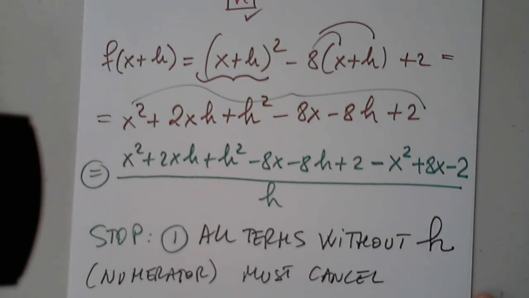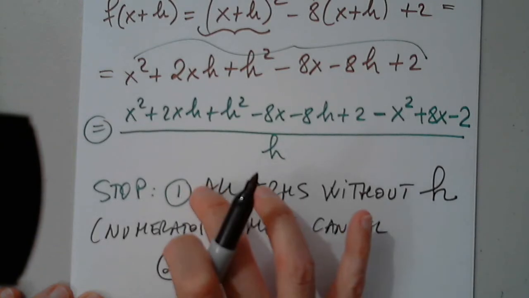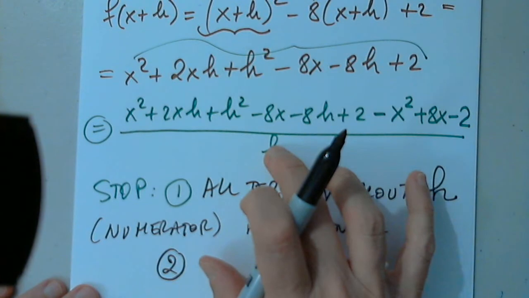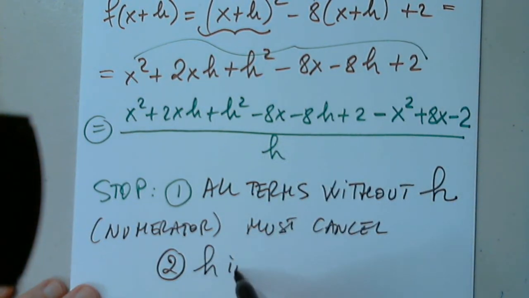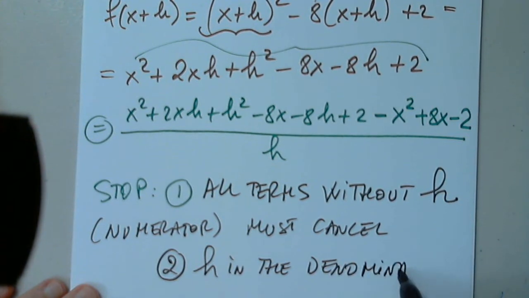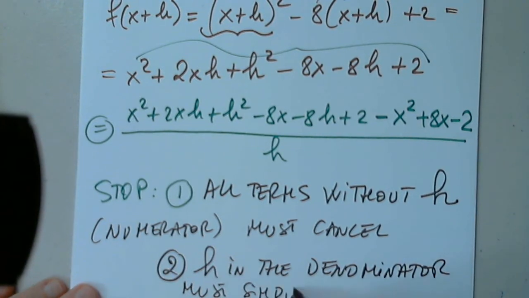If they don't, I'm in trouble. Right after that, the second one, this is always the first and this is always the second. H in the denominator has to simplify. If these two do not happen exactly in this order, then I know I made a terrible error somewhere and I should start from scratch.